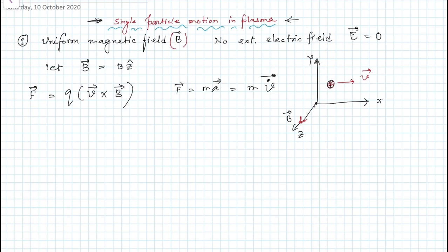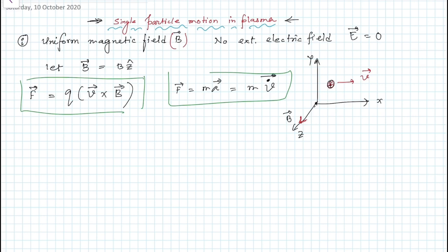Combining these two equations, we can write that m v dot is equal to q into v cross B. Now you know how to determine v cross B.